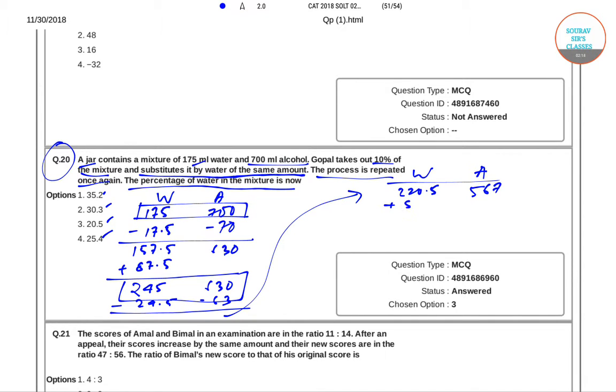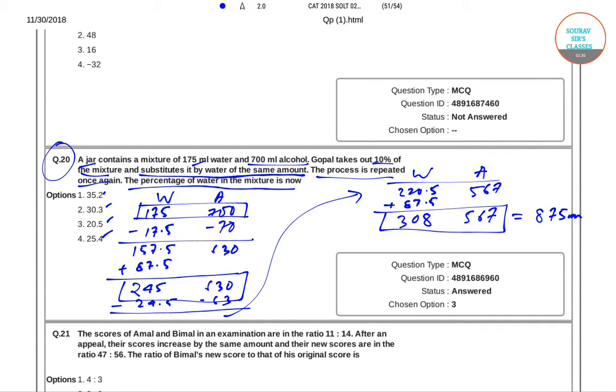So plus 87.5. Now we have 308 ml of water and 567 ml of alcohol, and the total amount stands at 875 ml.